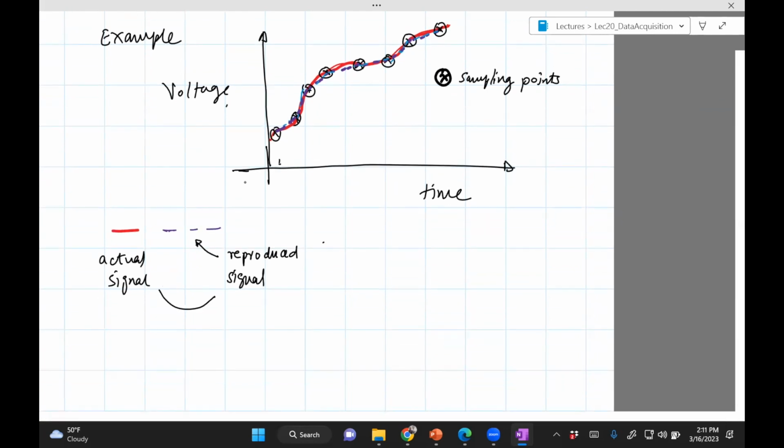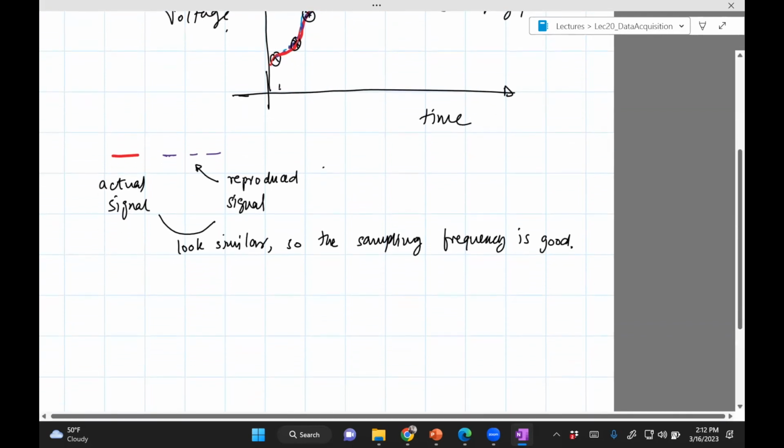They both line up, look similar. So the sampling frequency is good. Okay, now I just sort of ballpark put some sampling points based on what I thought was a good way of extracting the data, and it worked. But if you're given a general signal, how can you determine what is the right sampling frequency? So what is a good sampling frequency?